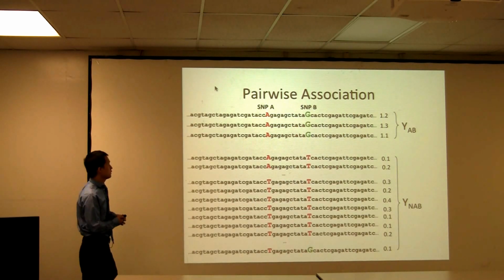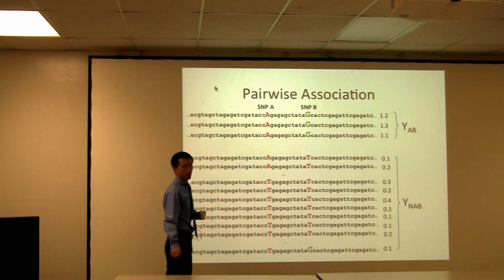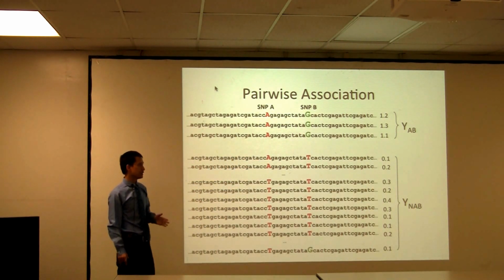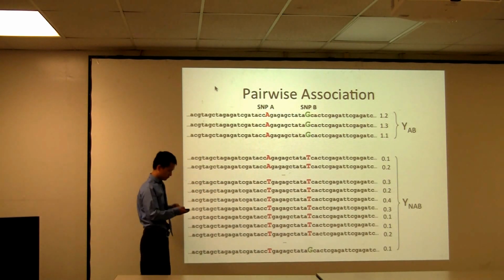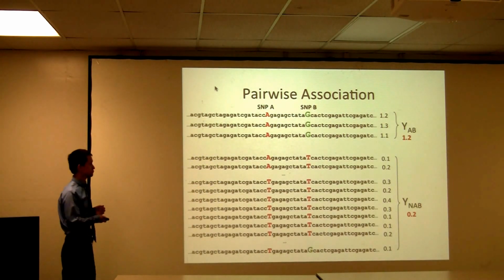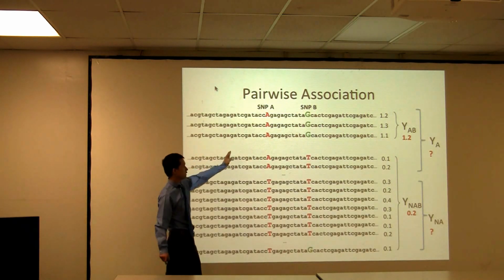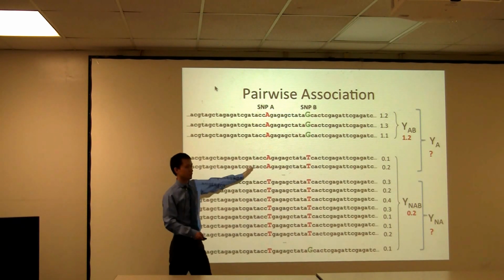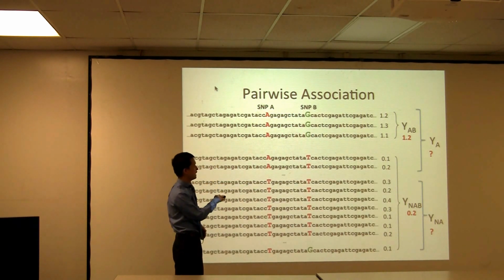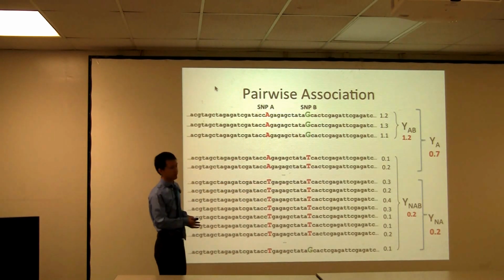Let's see, if we have a significant pair AB, what will happen if we do the single SNP test on each of the SNPs. Now let's see, if we do the single test on SNP A, we split the samples into two groups based on the allele of SNP A, and we compute the average phenotype value, which is 0.7 and 0.2 respectively.